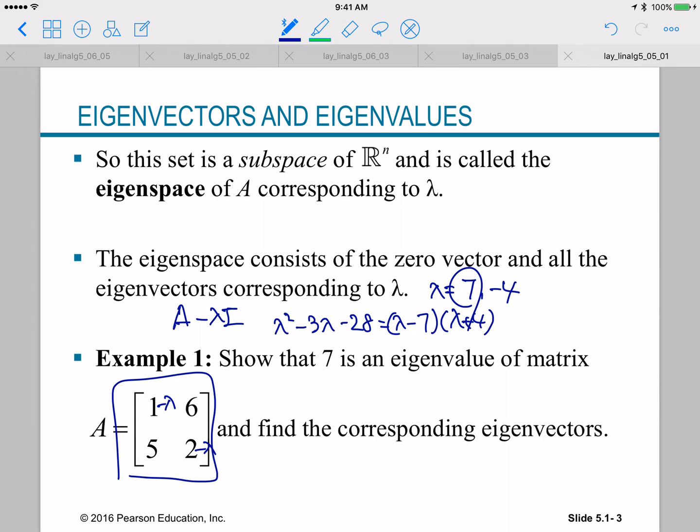And then A minus lambda I will become minus 6 and minus 5 and 6 and 5, right? And then if you remember the big picture about this process, by carefully choosing the lambda value, we are making this matrix non-invertible, right? Is it non-invertible?